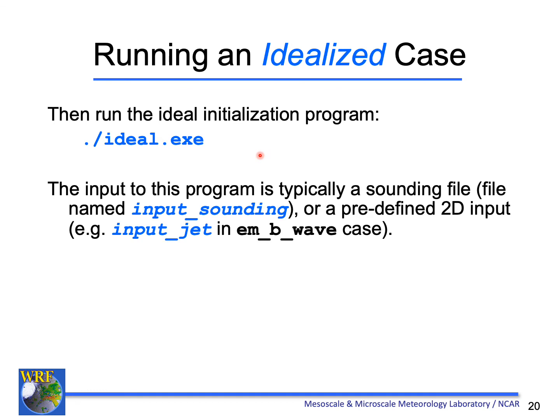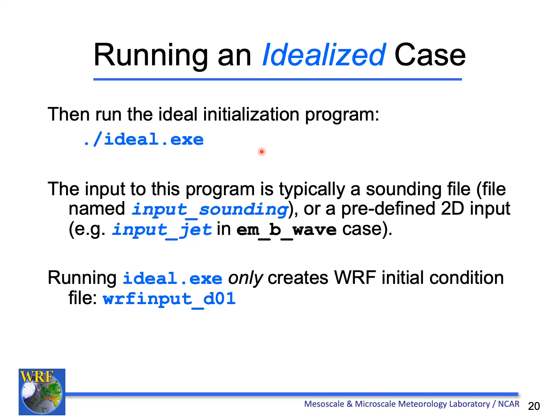For many of the idealized cases, the input is just a sounding, such as in the supercell case. The most complex initial condition is the one for the baroclinic wave case, which specifies a two-dimensional jet feature in its initial conditions.